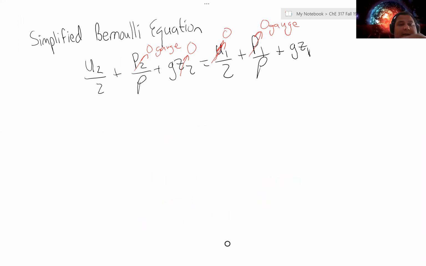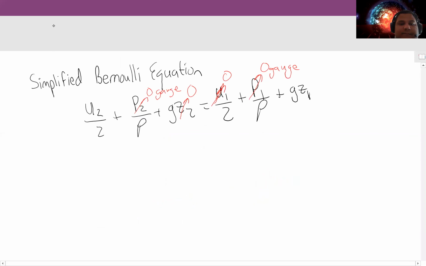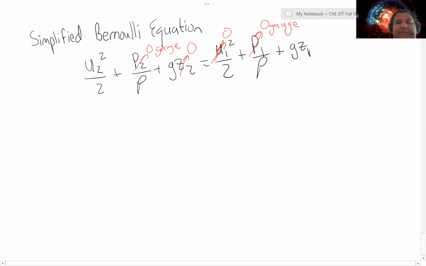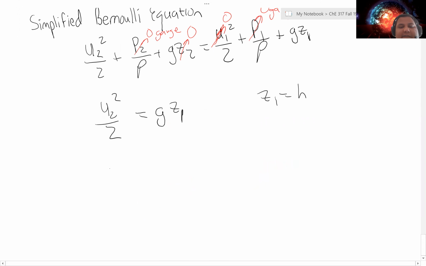It should, you are correct. So what I'm left with then is U2 squared over 2 equals g times Z1, which we've defined when Z1 is equal to h. That means U2, if I wanted to solve for that discharge velocity, would simply be the square root of 2 times g times h.